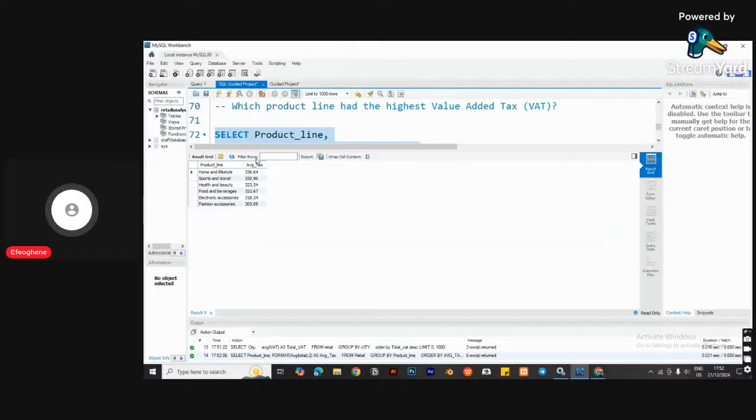We are aggregating by average, not just the direct tax or VAT, so we are returning our result by the average. What the average does is that it will tell you, of course, it's called the mean.